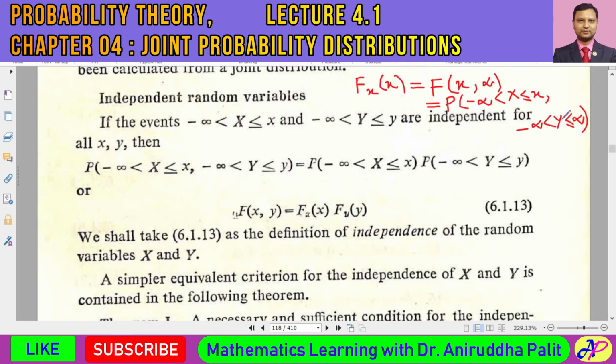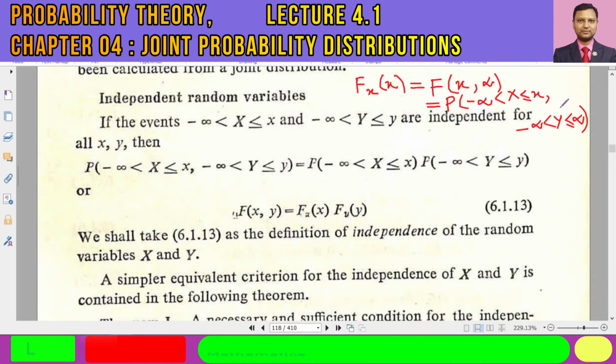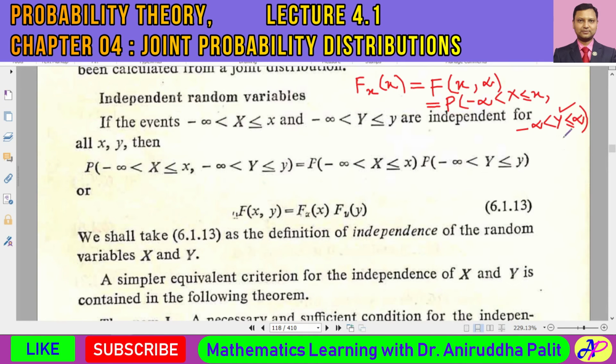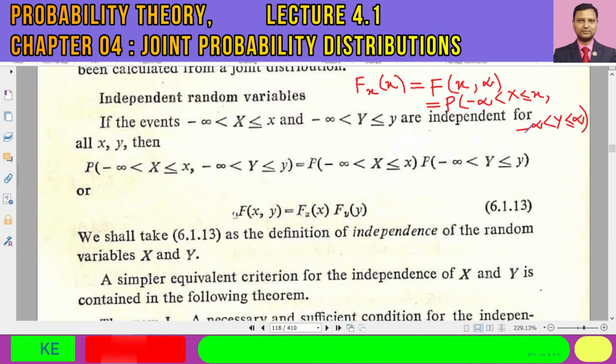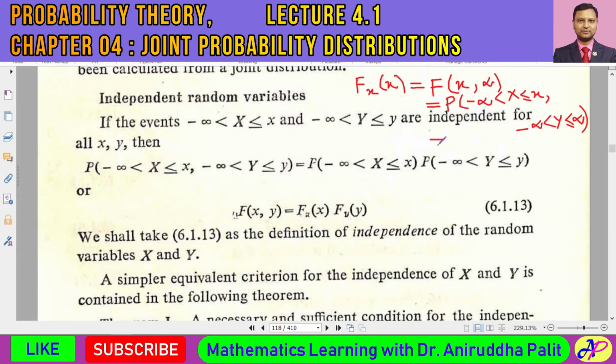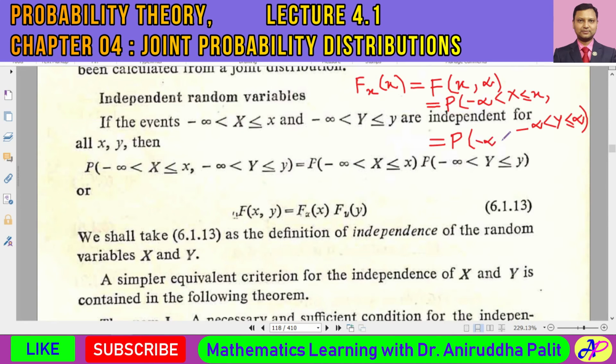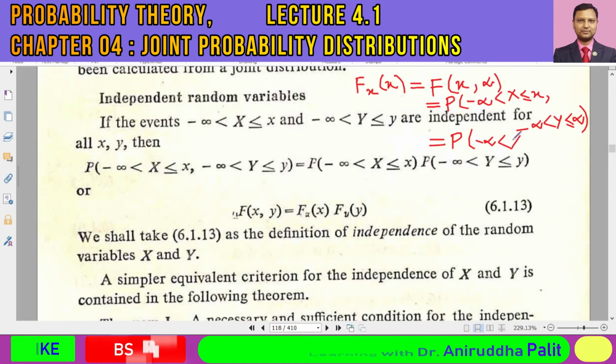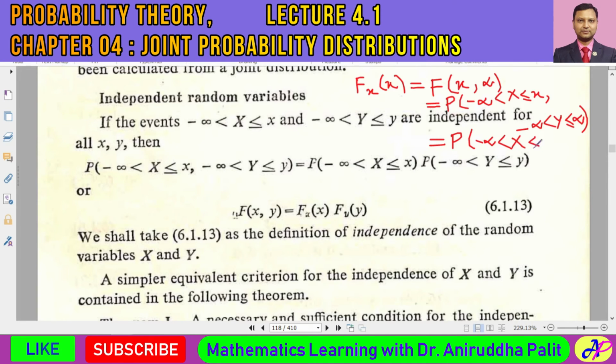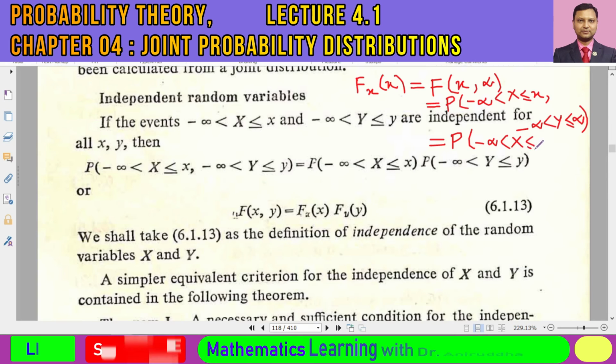So whatever value you take, it would always lie in this interval. So we can simply write it in this fashion: the probability that minus infinity less than capital X less than or equal to small x.